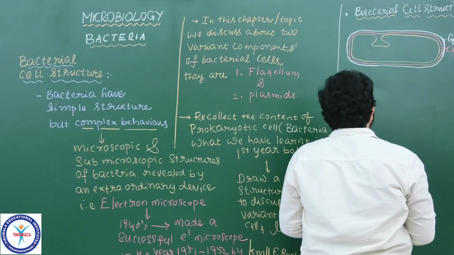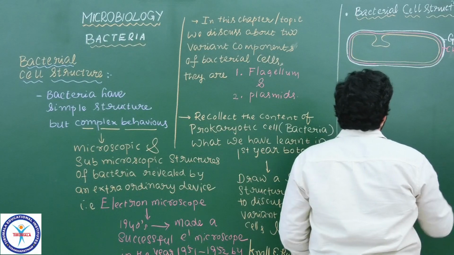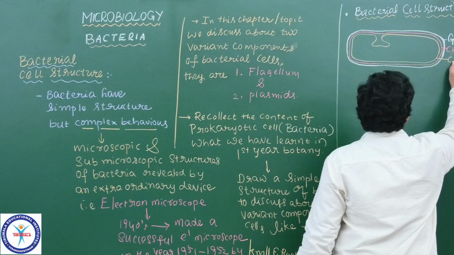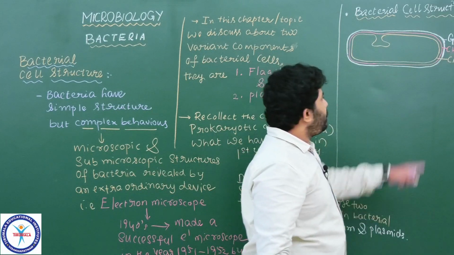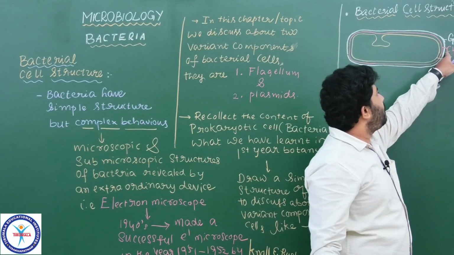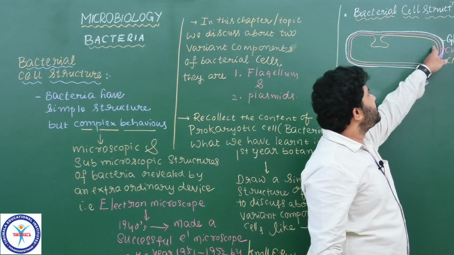Then inside the cell wall we have the innermost layer of the bacterial cell, called the cell membrane. These three are the layers.